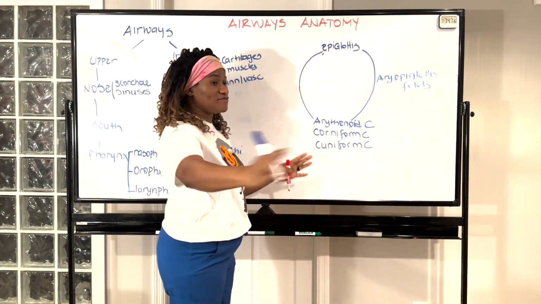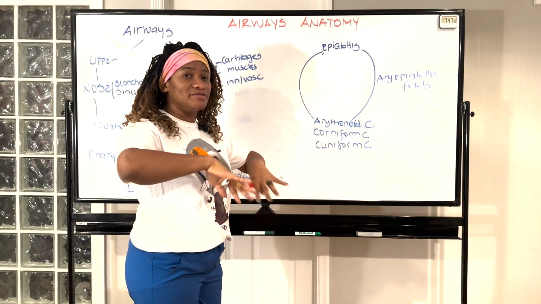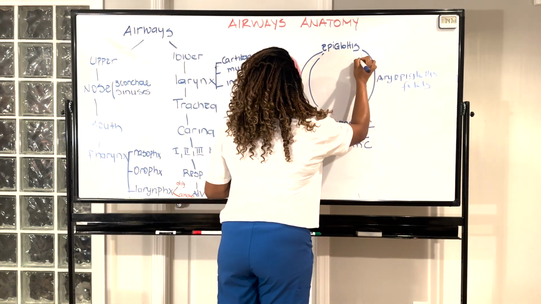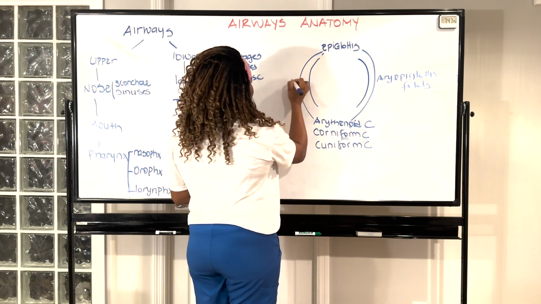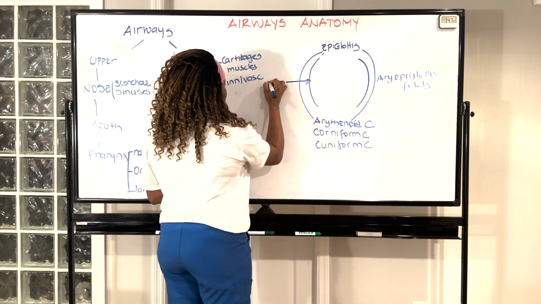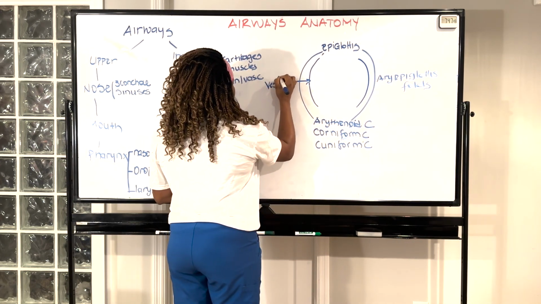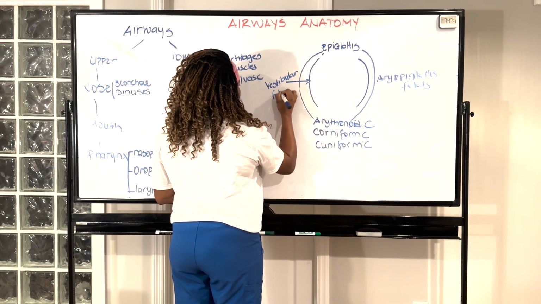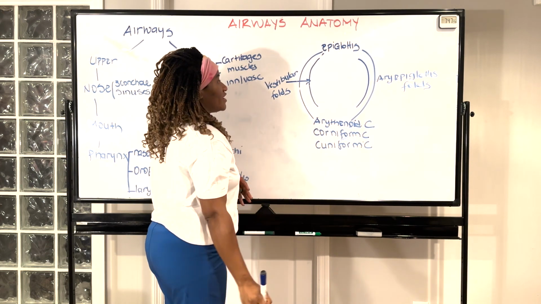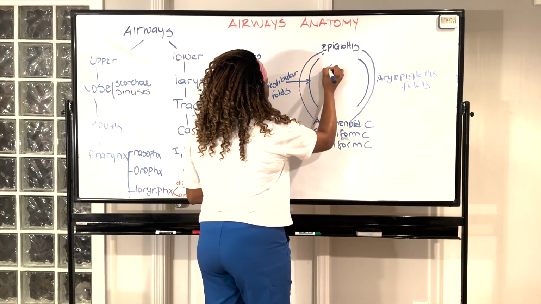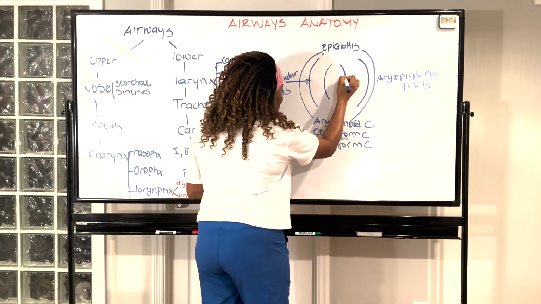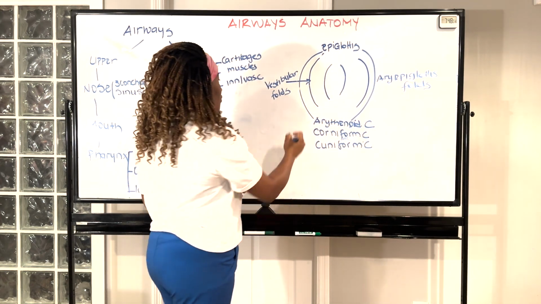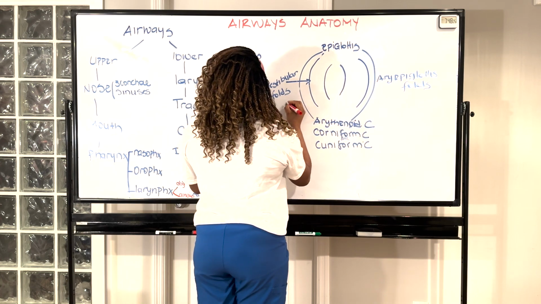Now, inside this fold, if you try to look a little bit closer, you're going to have the vestibular folds here on each side. And when you pass the vestibular fold, that's where you have the true vocal cord here.